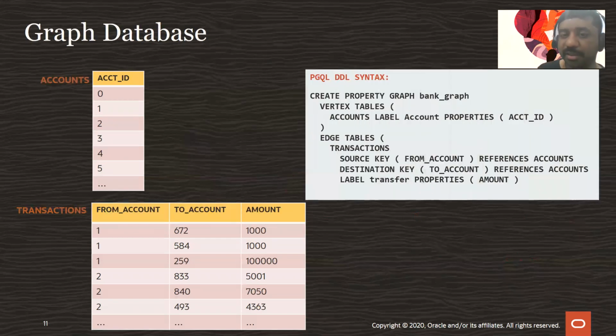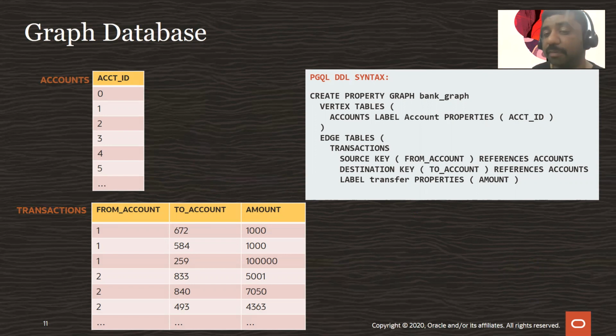And then we can write a Pgql DDL, which basically creates the vertex table. In our case, the vertex table will have the information on the accounts, with the account ID being the property of the account. And then it will also have the edge table, wherein transactions will be the edge, the source key being from where the money was transferred.